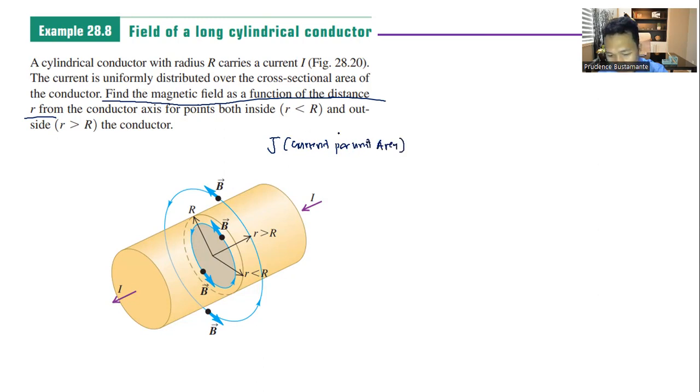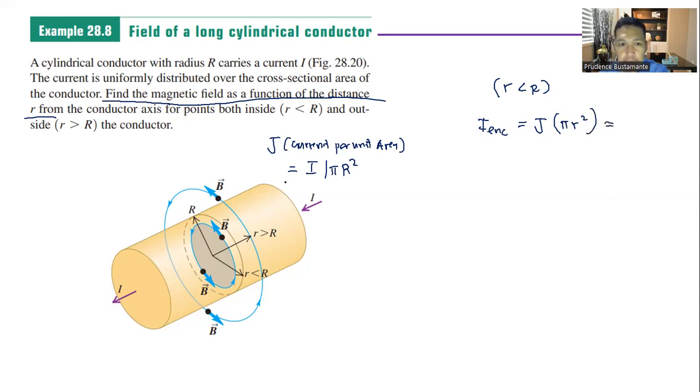So J is just current per unit area, which is I over πR squared. So this is I over the area. Okay, current. So for example, we have here, for r less than R inside, the enclosed current is the current density J times the area enclosed, which is πr squared.